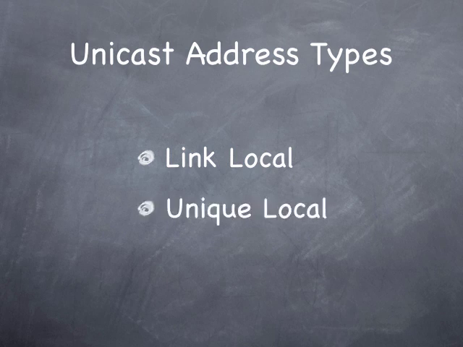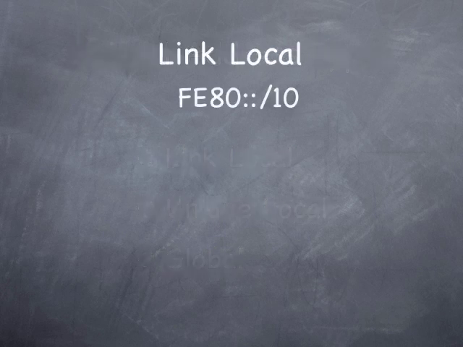This is essentially a net block that you assign yourself. You can route it inside your own organization, maybe across partner organizations, but they're not globally reachable. If you want to reach out to the IPv6 internet at large, you will need a global unicast address.